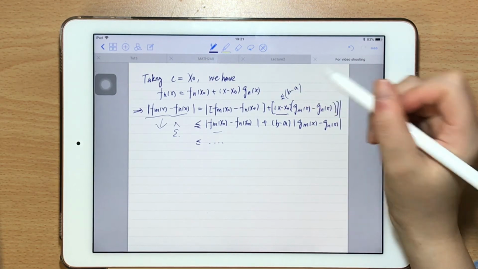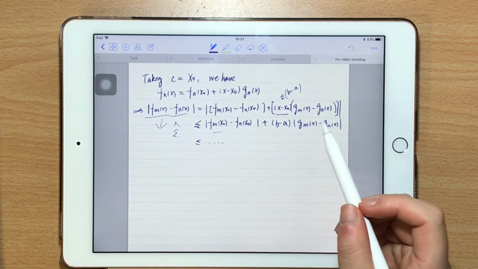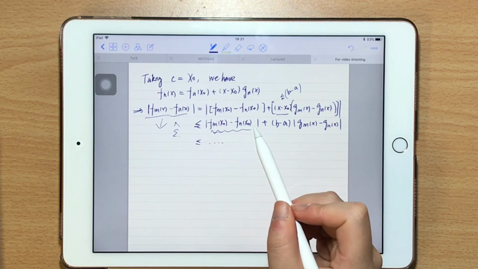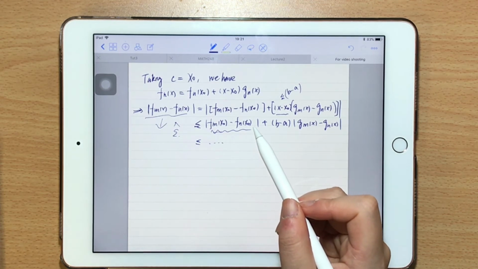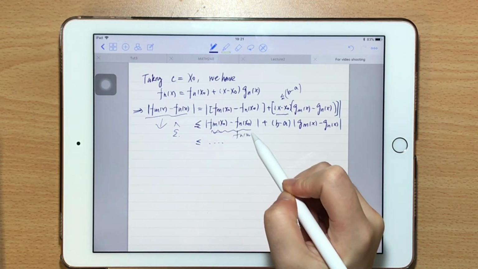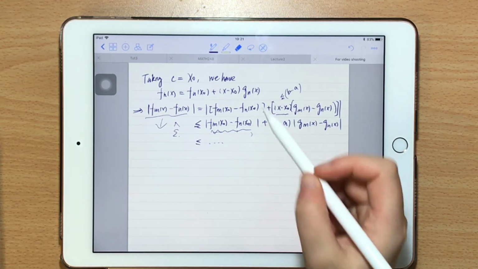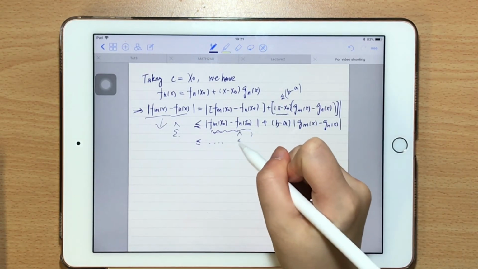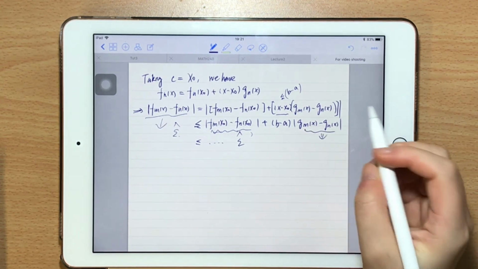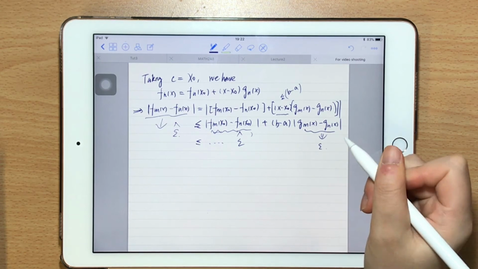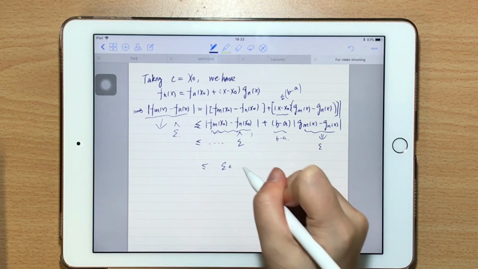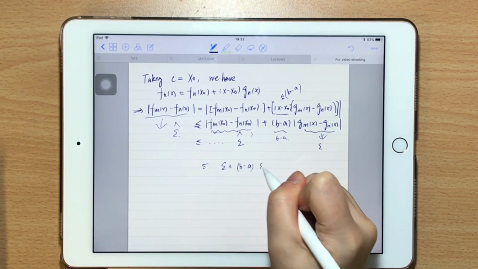So the whole expression will be smaller than f_m(x naught) minus f_n(x naught), and since f_n(x naught) is a convergent sequence of values, we can say that it's smaller than epsilon, and this part will prove that it's convergent uniformly. So actually it will be epsilon plus b minus a times epsilon, right?